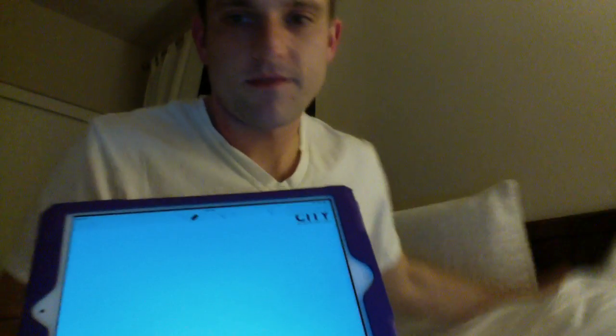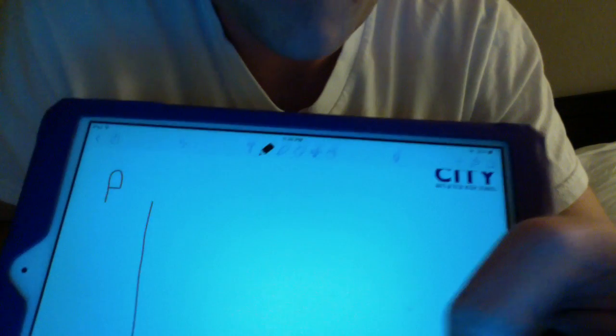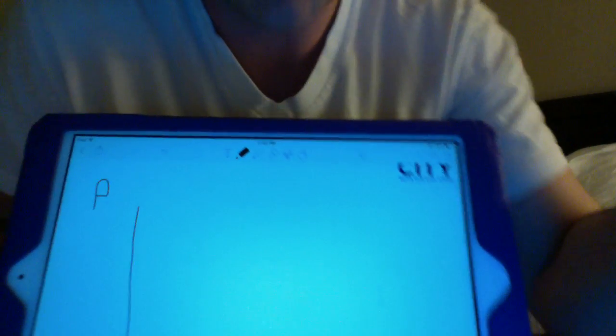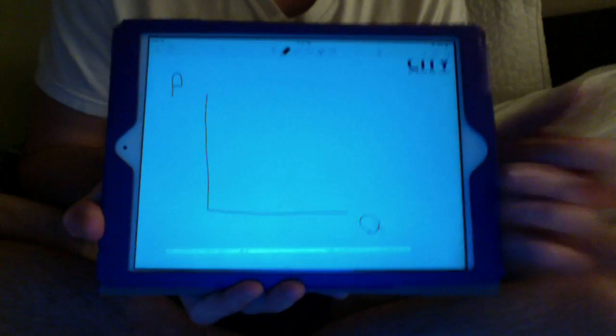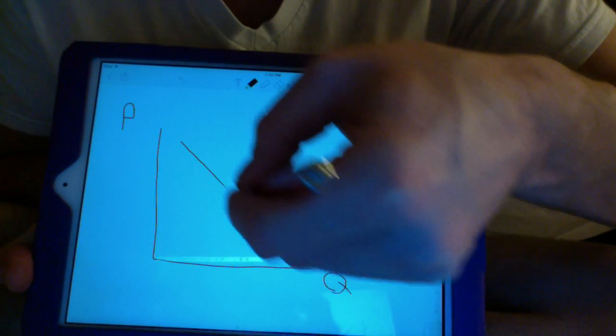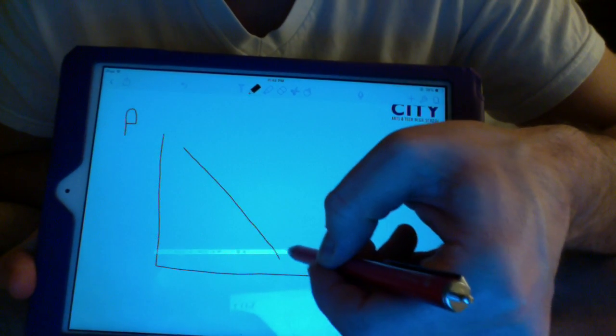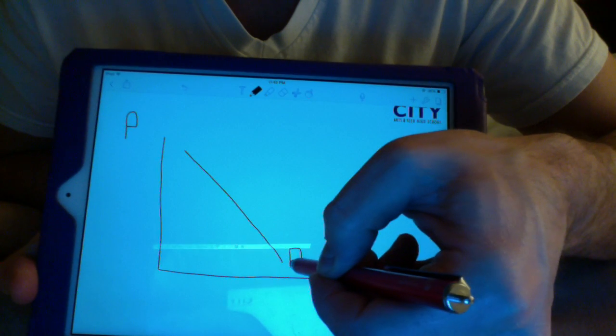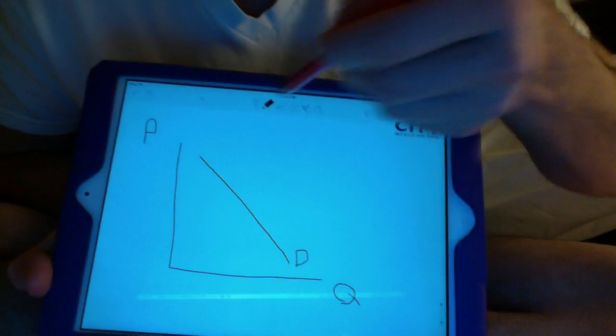Again, we're going to have price and quantity on our axes, like every graph we've drawn. Price, quantity. And we are going to have a downward sloping demand. So this is our demand.